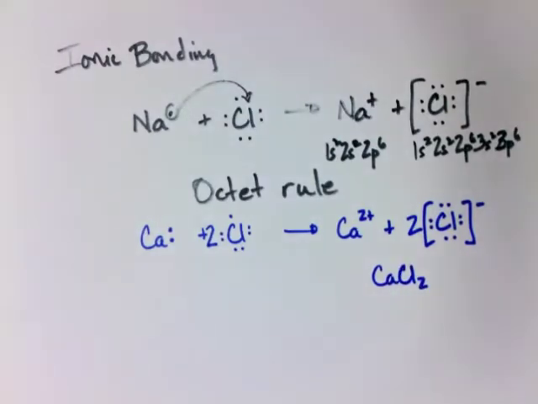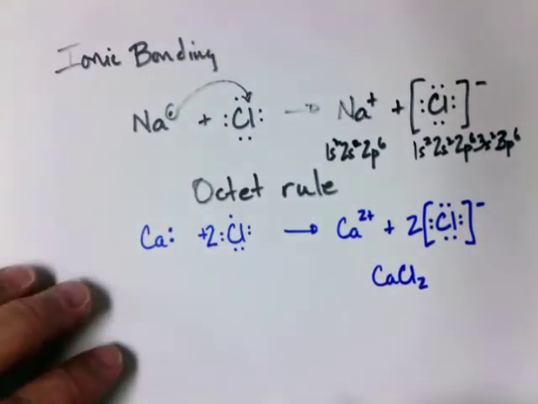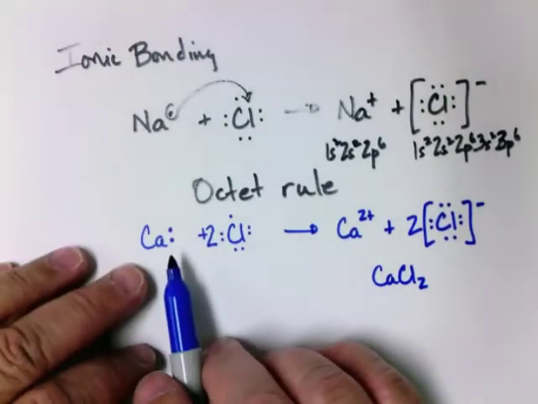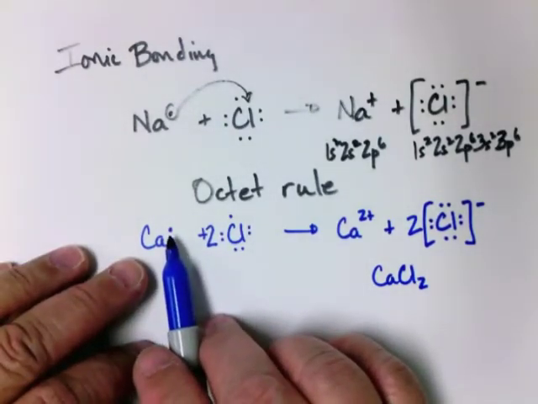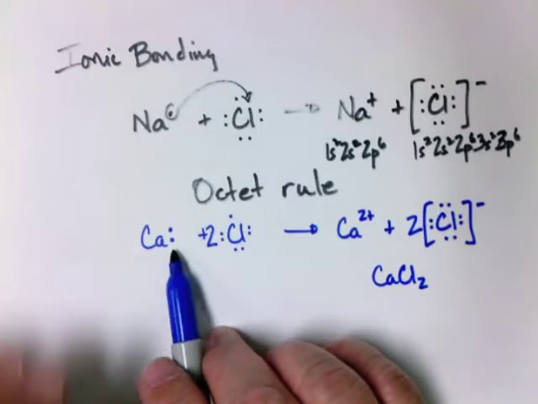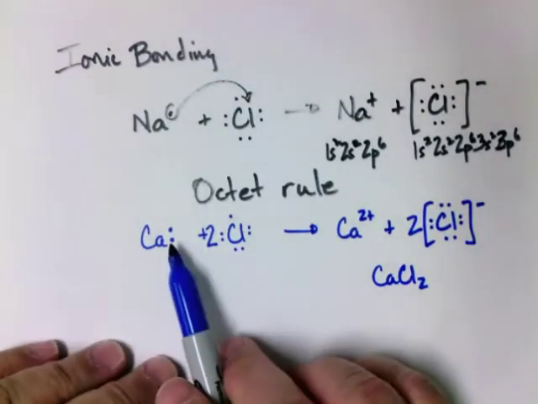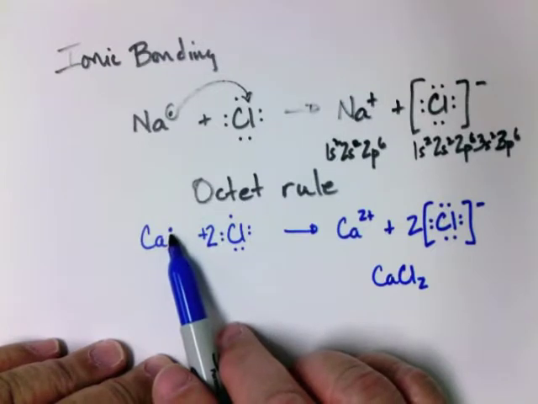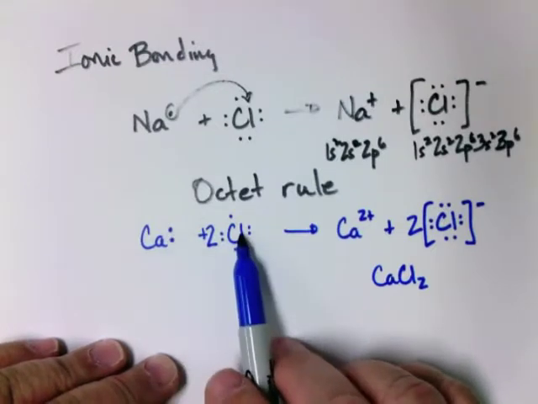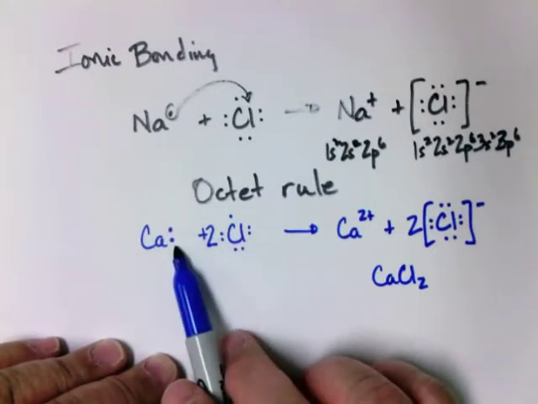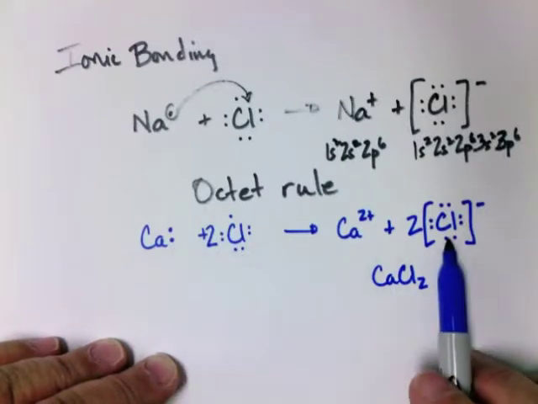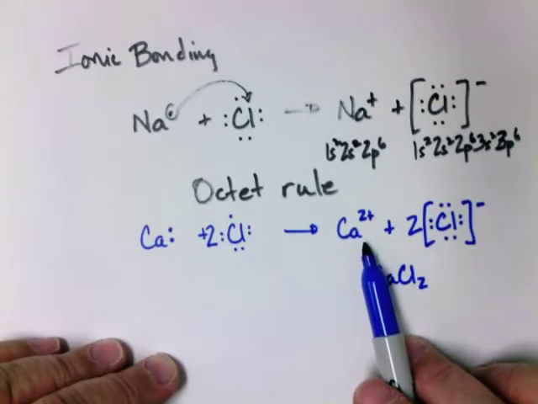And so in this case, just to go over one more time, the calcium, needing to lose 2 electrons to reach a full outermost s and p subshell, surrenders one to one chlorine atom and the other one to a second chlorine atom, resulting in the formation of 2 chloride ions and a calcium 2 plus ion.